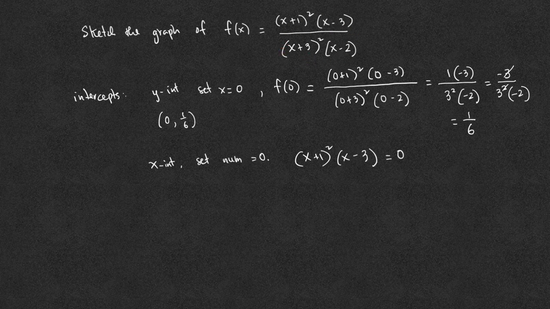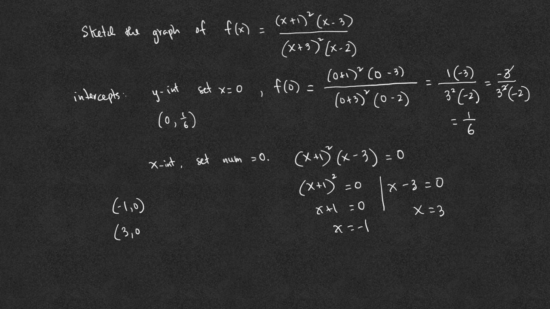Using the zero product property, we must have either (x plus 1) squared equal to 0, or x minus 3 equals 0. Each of the factors needs to be 0. And so x plus 1 equals 0, x equals negative 1, or x equals 3. And so the x-intercepts are (negative 1, 0) and (3, 0).